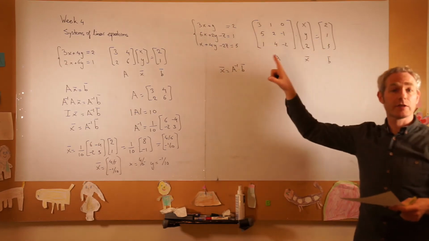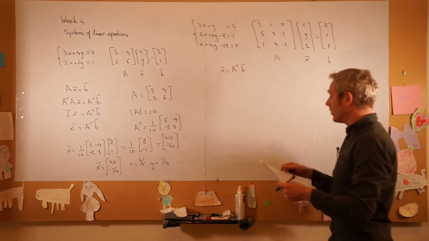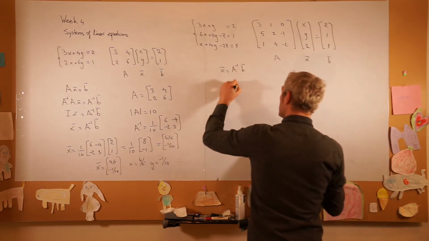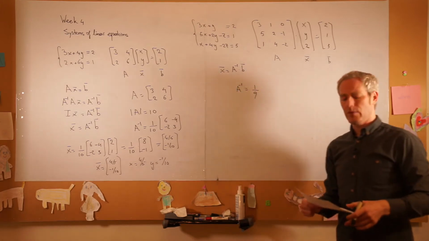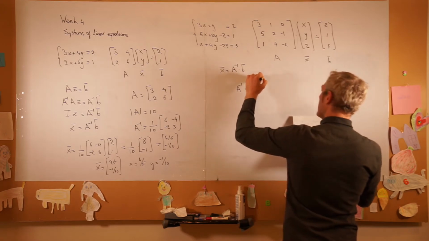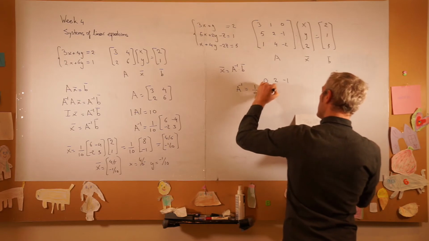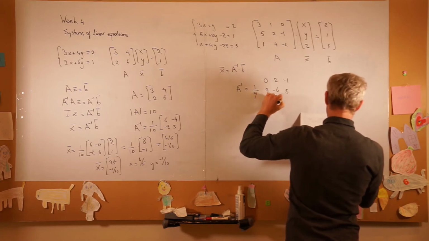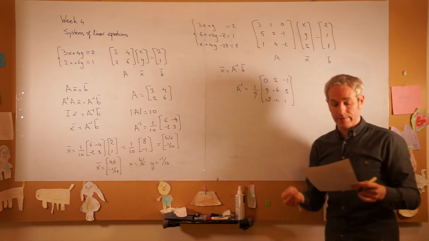Now, finding the inverse of a 3x3 matrix is somewhat more involved, but luckily this is also a matrix of which we know what its inverse is, or at least we can calculate it. And I think this was one of the exercises we had to perform. Its determinant is equal to 9, and A inverse is 1 over 9 times [0, 2, -1; 9, -6, 3; 18, -11, 1].